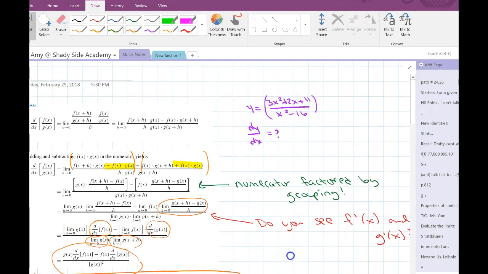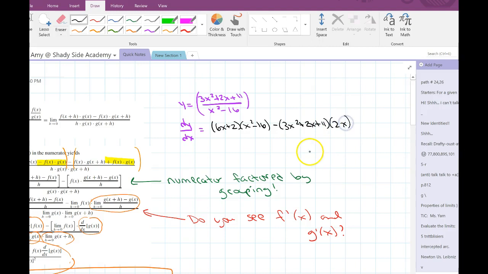So let's go back up. This question, if this was your function, how would you find the derivative? Well, let's do it together. You ready? The derivative with respect to x of y, where y is a function divided by a function, is derivative of the numerator times the denominator untouched, or 6x plus 2 times x squared minus 16, minus the numerator untouched times the derivative of the denominator, which is 2x, all divided by the denominator squared.